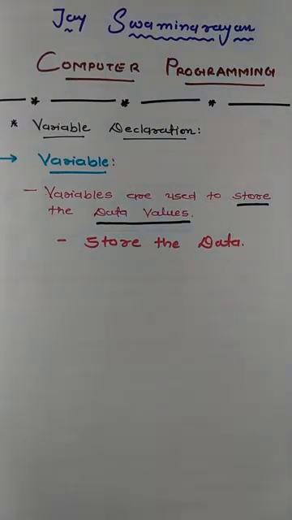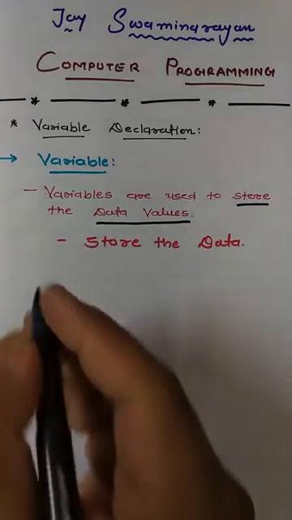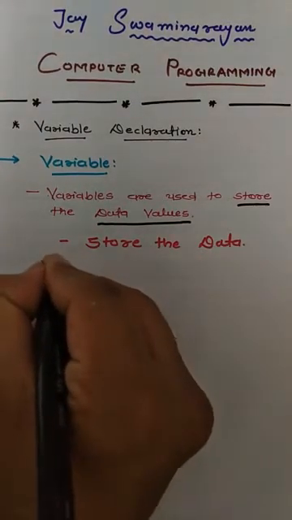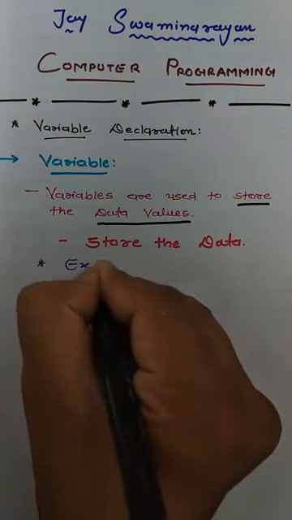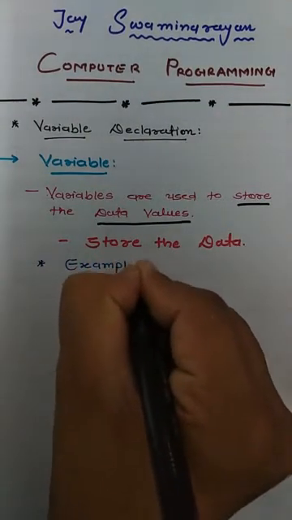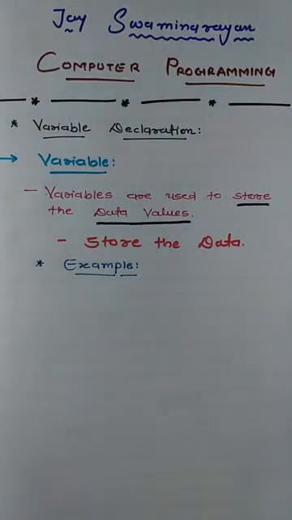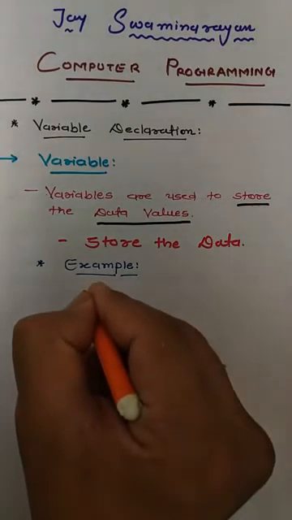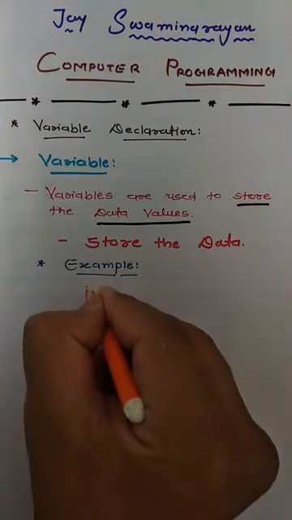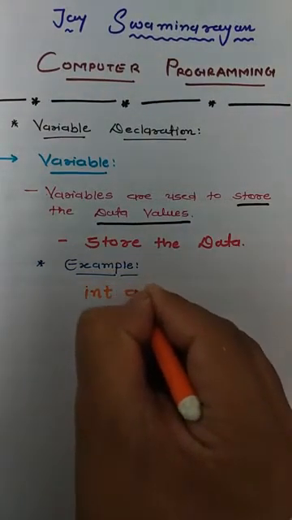So let's see one example. For example, I have declared one variable just like integer a.